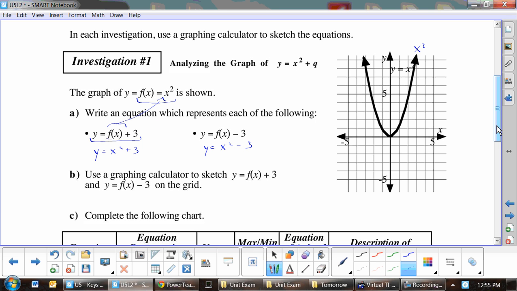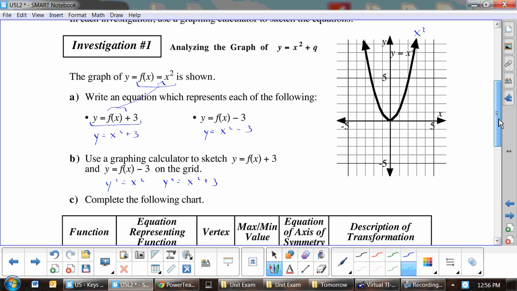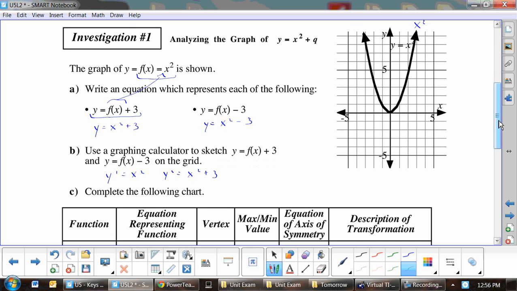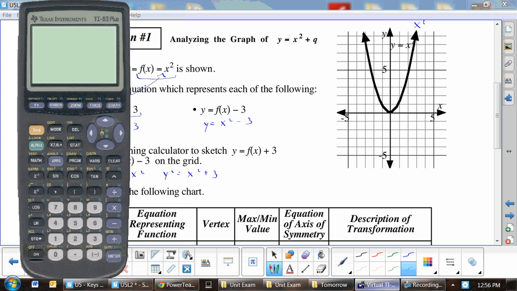Okay. So in our graphing calculator, in y1, I'd like you to put x squared, and in y2, I'd like you to put x squared plus 3. Okay. So what are some things we notice about the x plus 3 graph?